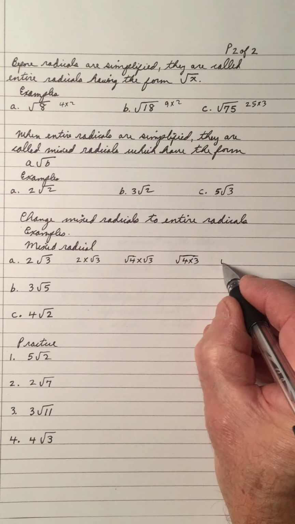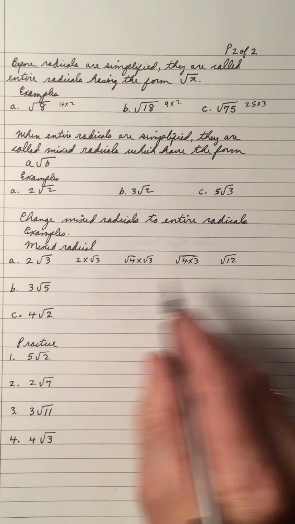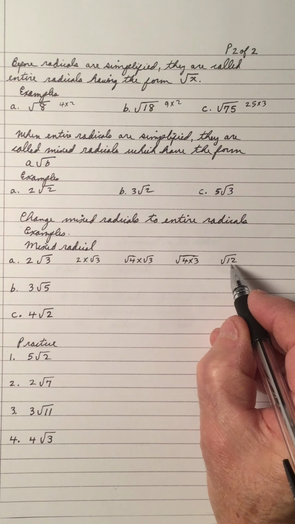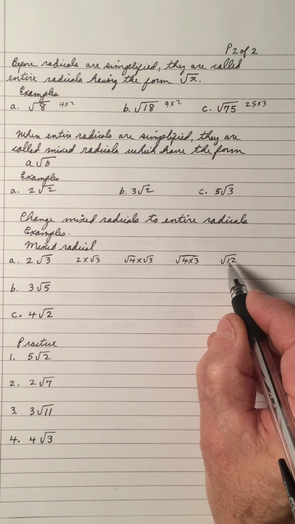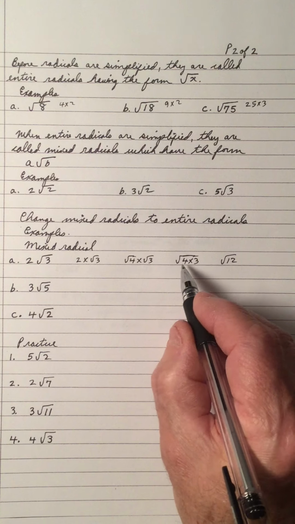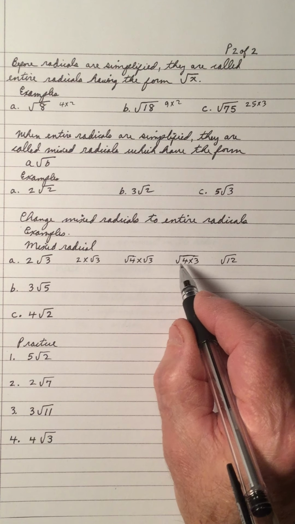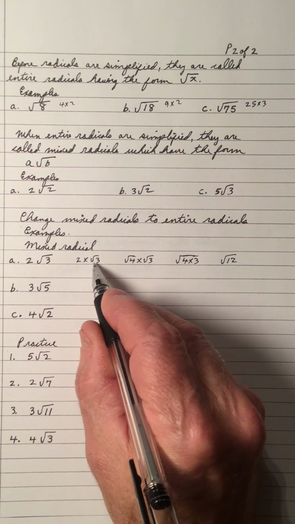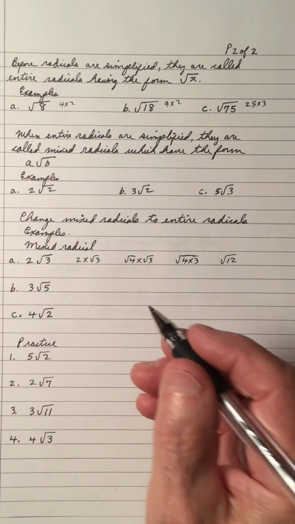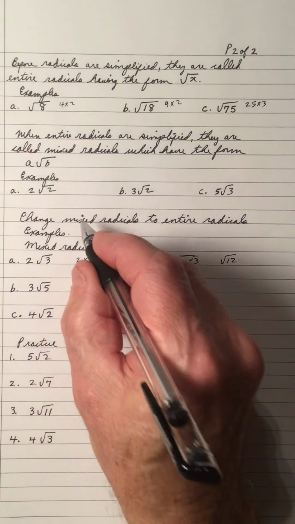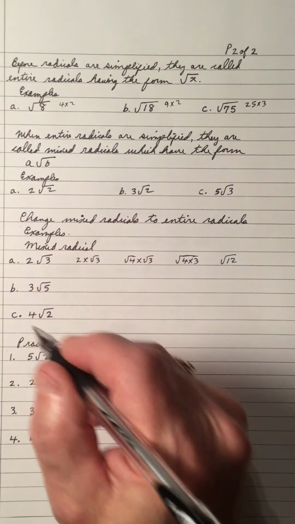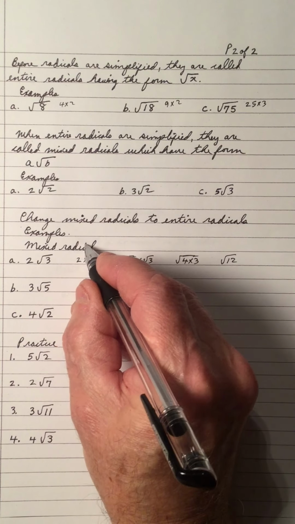And 4 times 3 is the root of 12. So we're just reversing the process. Because if you look at it, root 12 is 4 times 3. The square root of 4 is 2, so it's 2 root 3. So we're just reversing how to go from one way to the other.